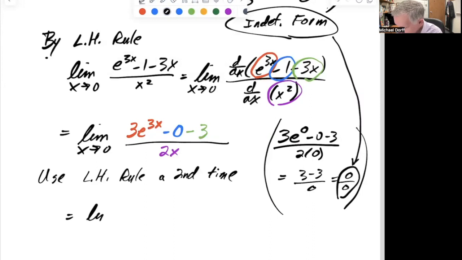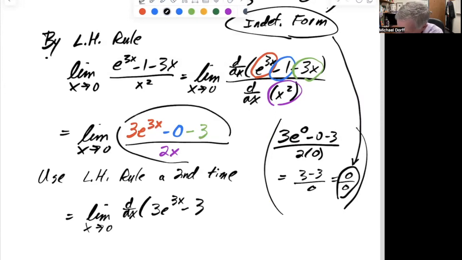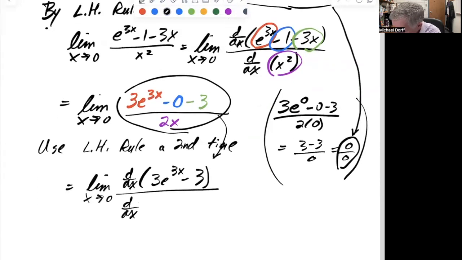So now I'm going to get the limit as x goes to 0, and I'm going to do the derivative of what I have here, 3e to the 3x minus 3. So that's what I'm going to do for L'Hopital's rule. And then here, I'm going to take the denominator, and I'm going to get the derivative of 2x.